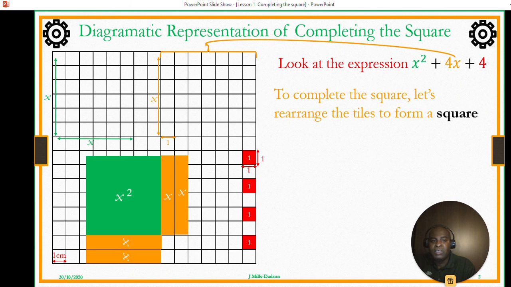Now you realize that the area representing the second term, I split that into 2 and use it to create a dimension around x squared. Now the constant is what I use to fill in the gap.